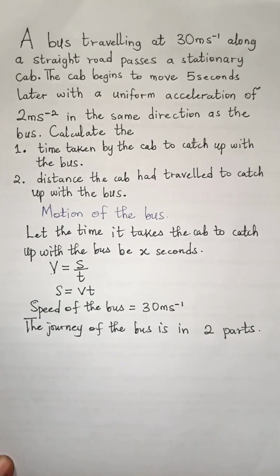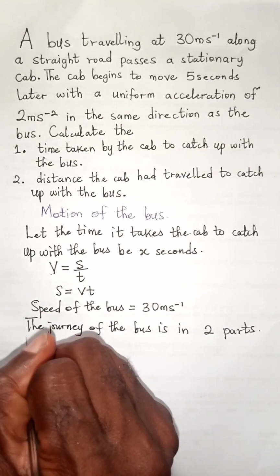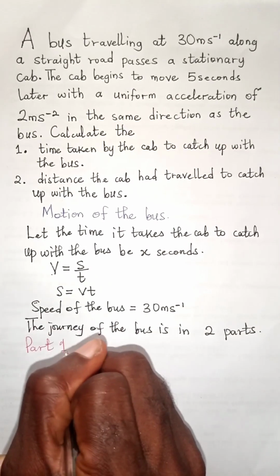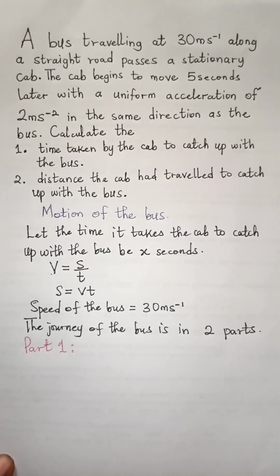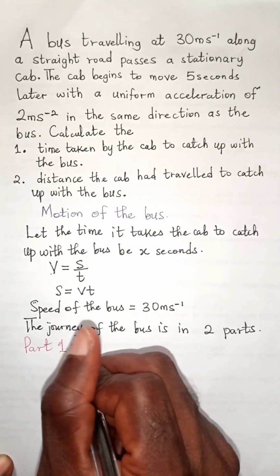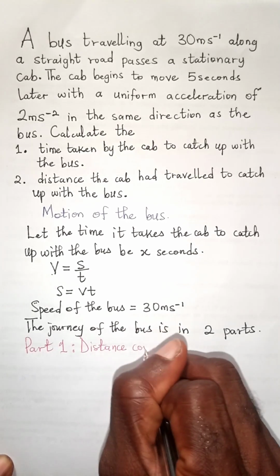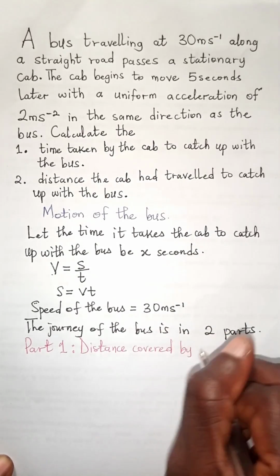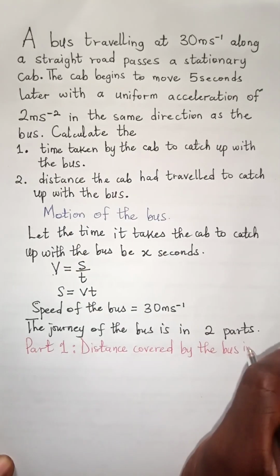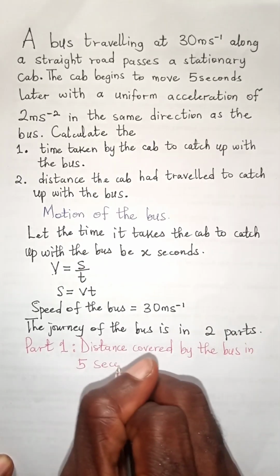So we start with part one. And this has to do with the distance covered by the bus in 5 seconds. That's the first 5 seconds, the first time given to us.